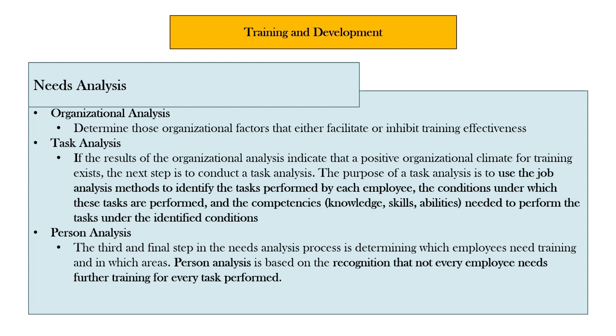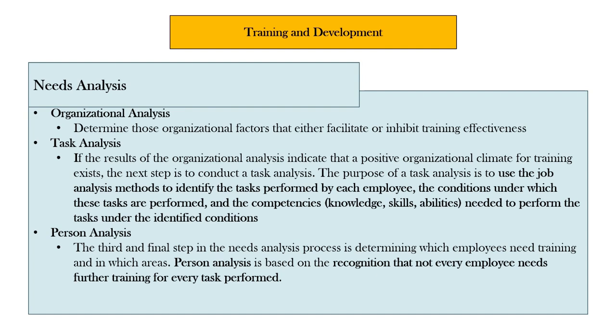So how could we conduct a person analysis? We can base this information on our performance appraisal scores. We can also use interviews, surveys, and skills and knowledge tests. This would be objective and would quantify who the employees needing training are, right?